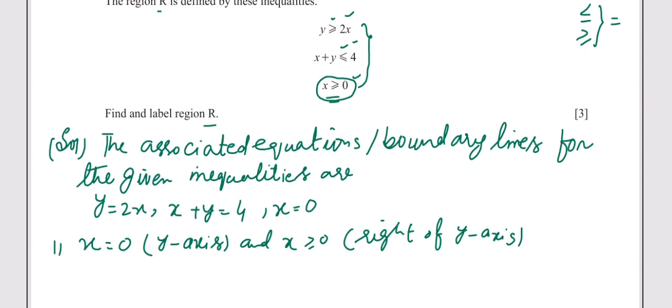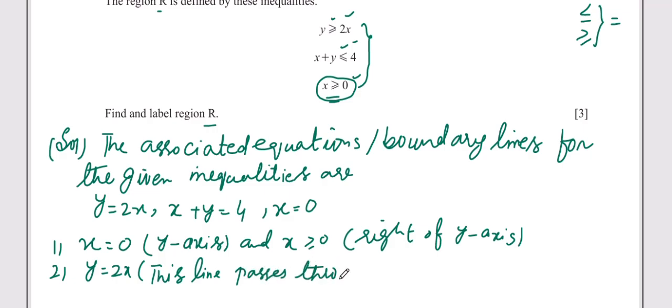The next equation is y is equal to 2x. Because this line has a 0 intercept, this line passes through the origin with gradient equal to 2.